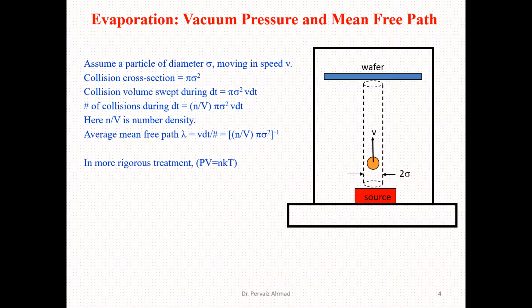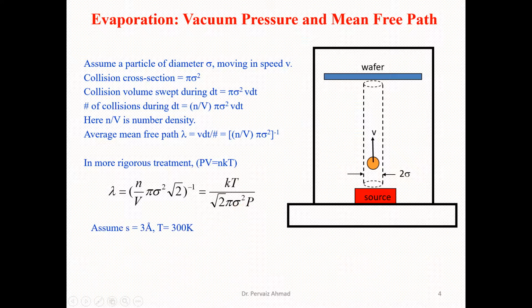In more rigorous treatments, you know that we have the relation pressure times volume is equal to n kT, the most general relation. So by utilizing this relation, we get lambda equal to n over v pi sigma square root 2, whole raised to power minus 1, which is equal to kT divided by root 2 pi sigma square times p.